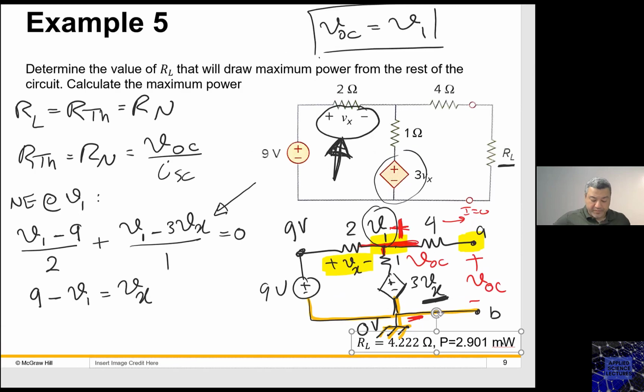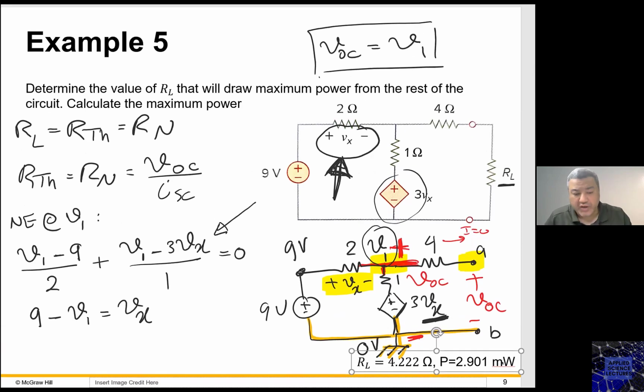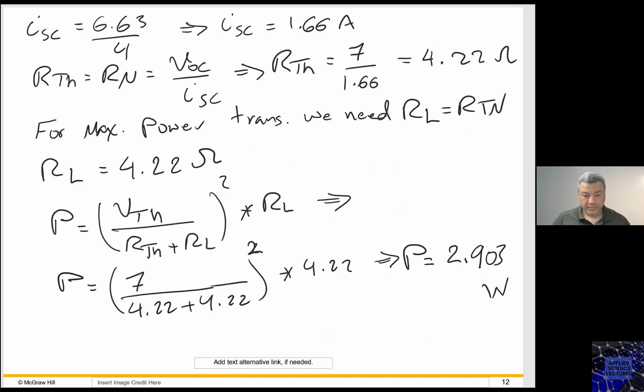Okay, so power is 2.9 watts. You need to multiply by 4.22. So that's the current. This is the current squared times R Thevenin. Okay. Any question? Any question about this problem?